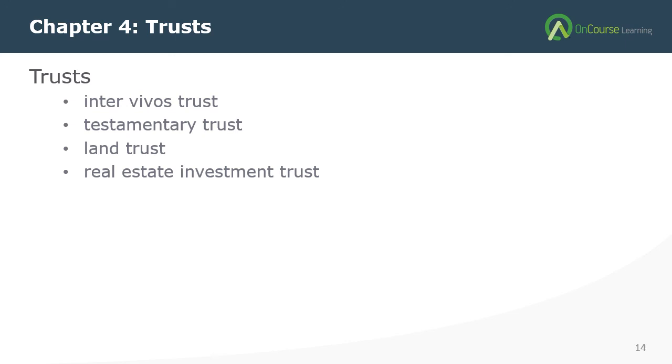A land trust is the management of property by another, hence the trustee and the trustor cannot be the same person. And finally, the real estate investment trust, which is sort of like a mutual fund for real estate, where many investors can come together and buy shares in the REIT, the Real Estate Investment Trust.